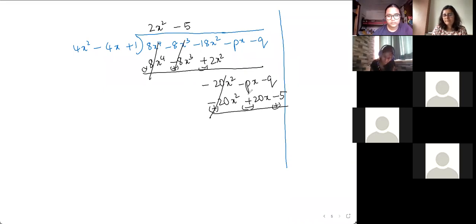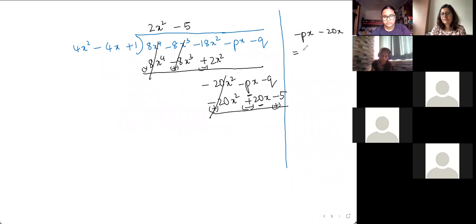Now when you have a variable and a constant, the method that you do is the same. It's a little confusing because you can't just add 20 in. So technically what you're doing here is minus px minus 20x.